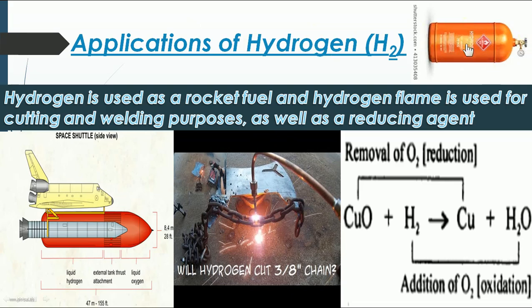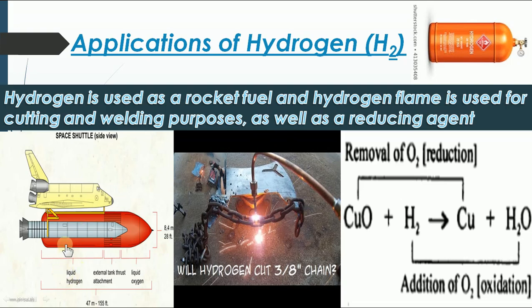Hydrogen burns completely to form water, whereas our fossil fuels, coal, petrol, diesel, all produce carbon dioxide. So they are not environmentally friendly, whereas hydrogen can be an environmentally friendly fuel. Nowadays hydrogen is used as a rocket fuel, liquid hydrogen.